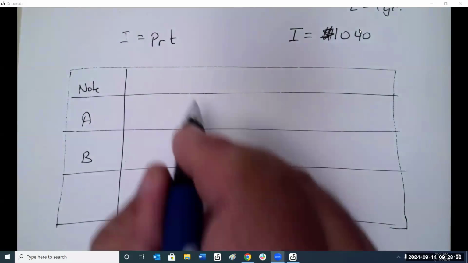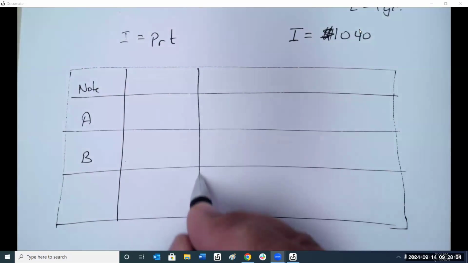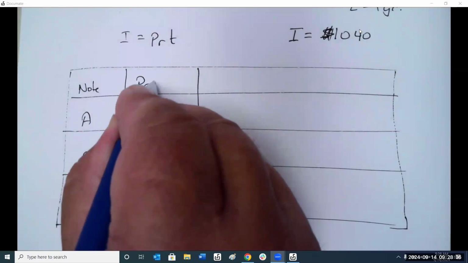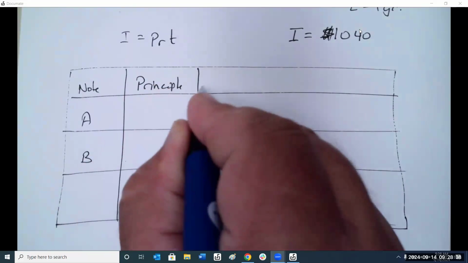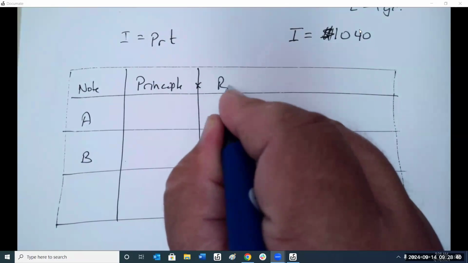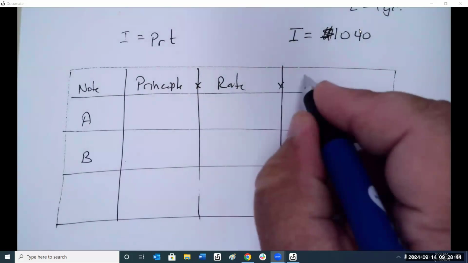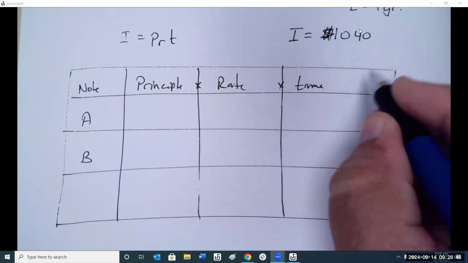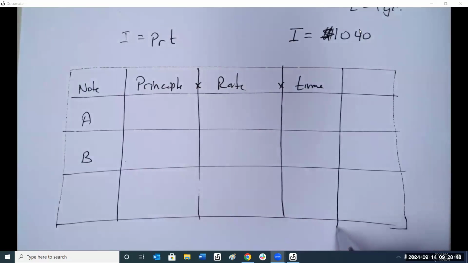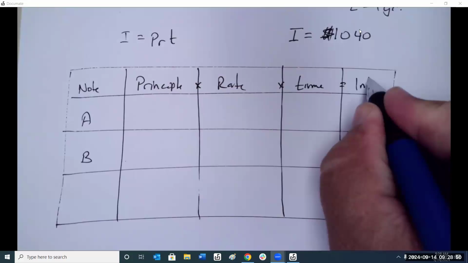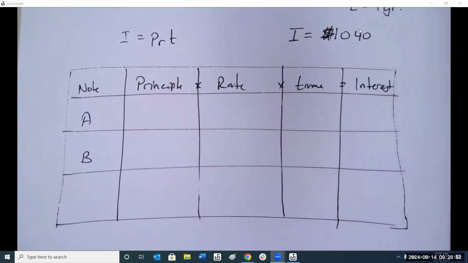Principal times rate times time. So we have the principal times the rate times the time, and all that equals interest.